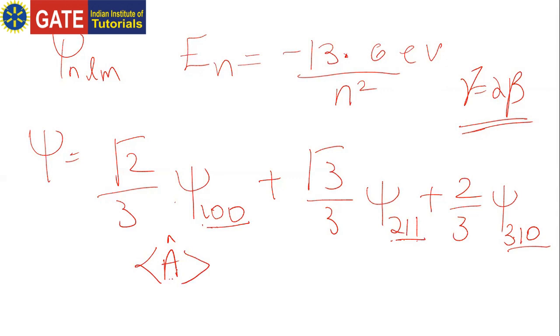This must be independent of time. Always you should consider dou by dou t of the operator A cap to be 0. A cap is independent of time.